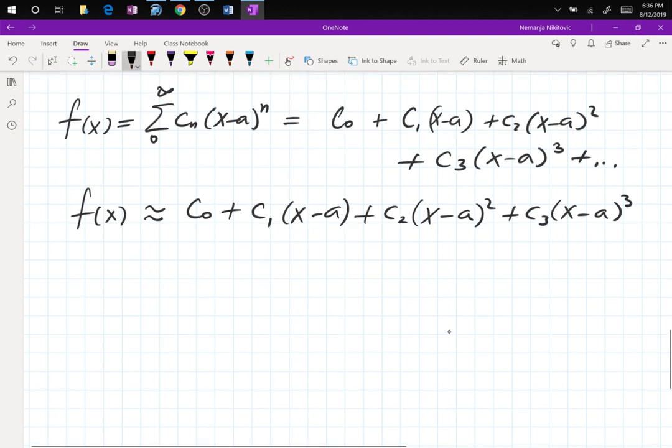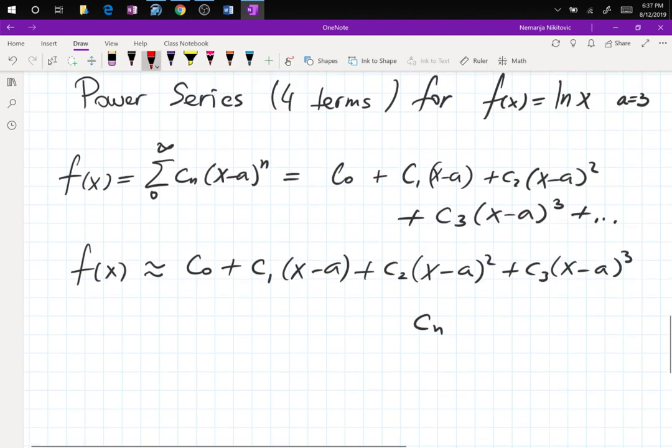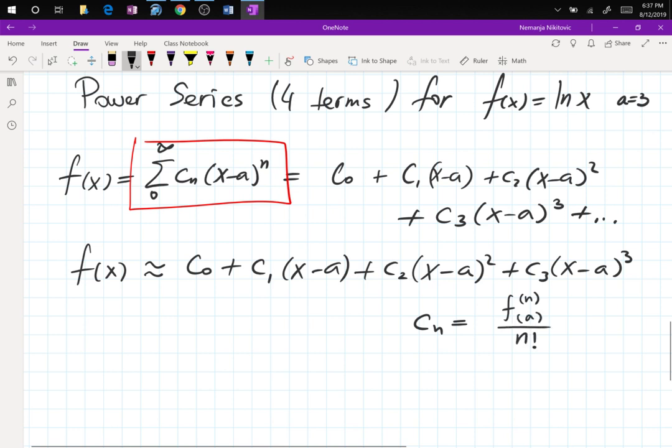Now, coefficients, Cn's. So this is the formula. And now the formula for Cn is the nth derivative computed at a divided by n factorial. So that's a formula as well.